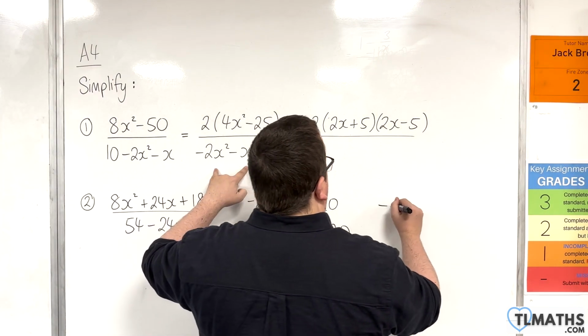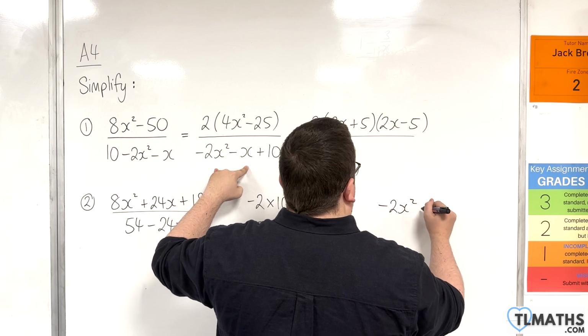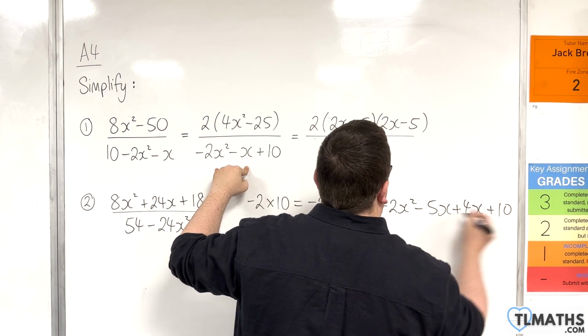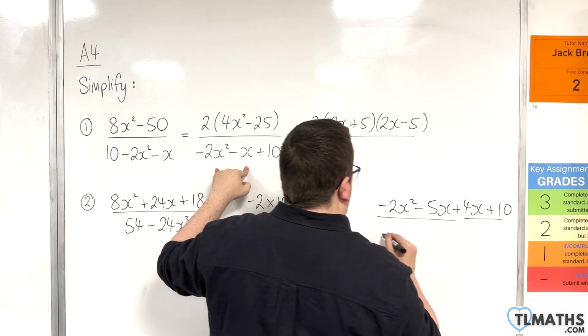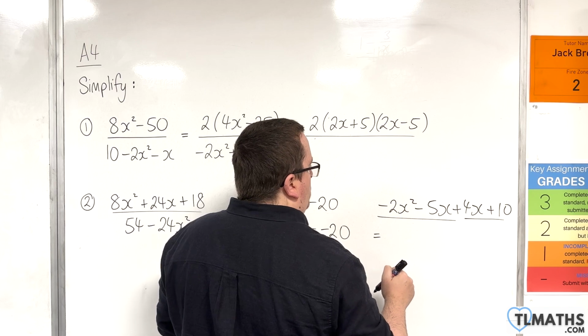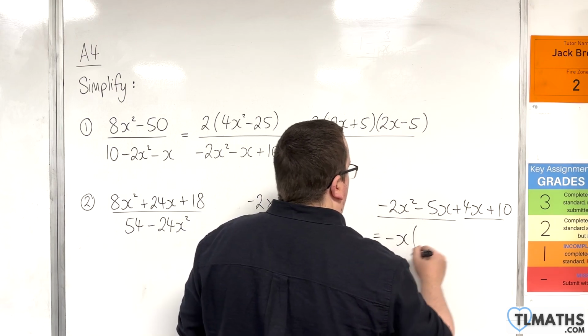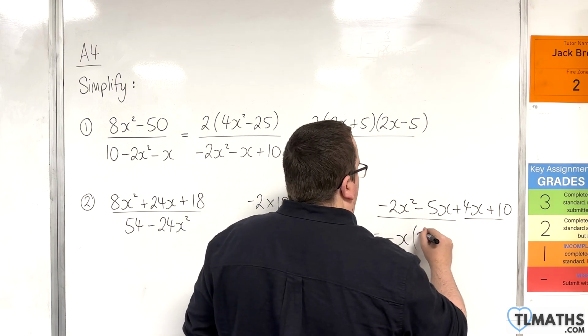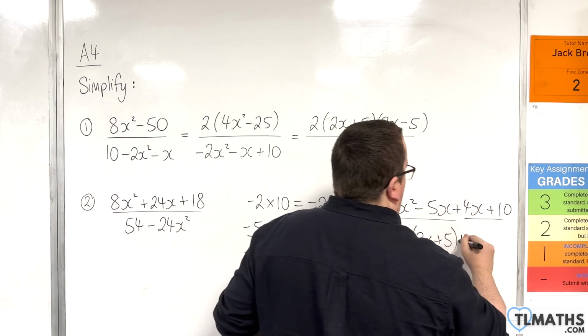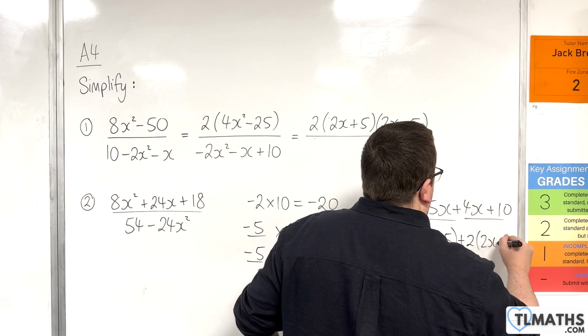So minus 2x squared take away 5x plus 4x plus 10. So factorising the first part there, we can factor out minus x, and then we'll have 2x plus 5. And we can factor the 2 out there, so two lots of 2x plus 5.